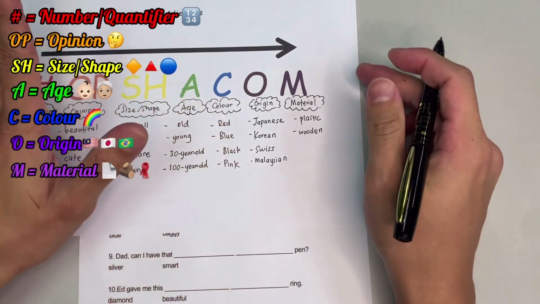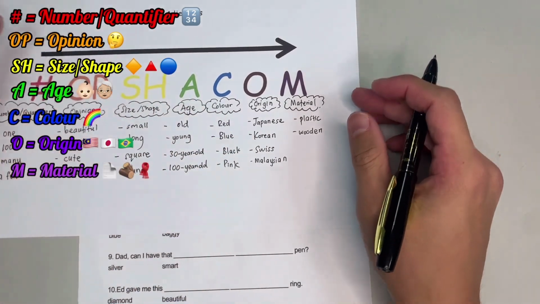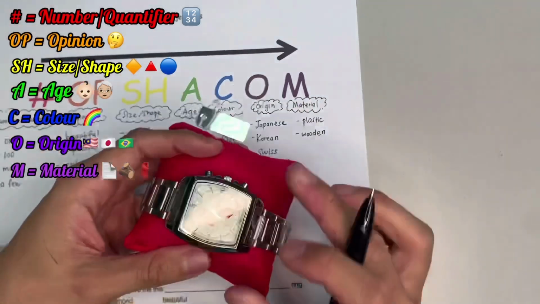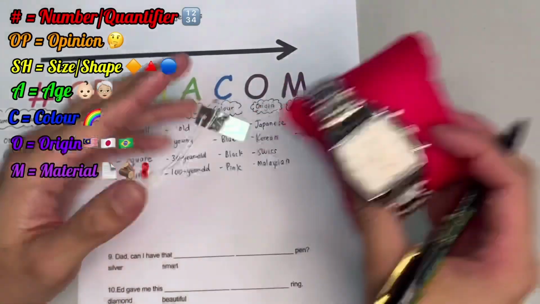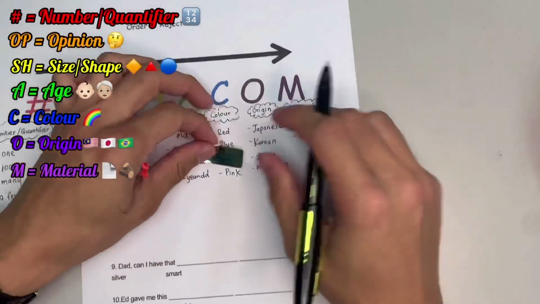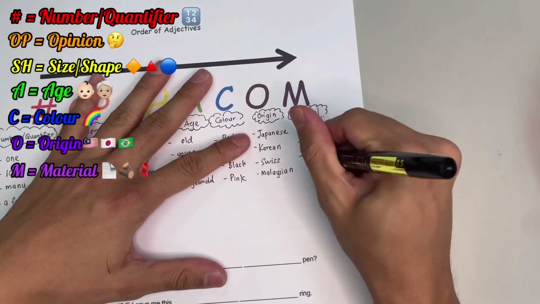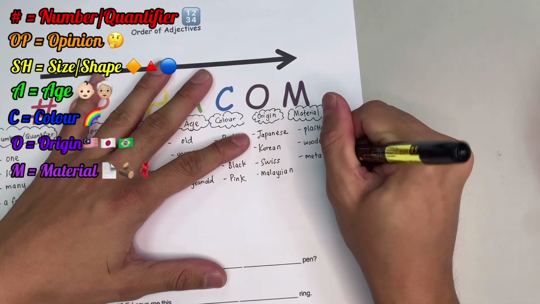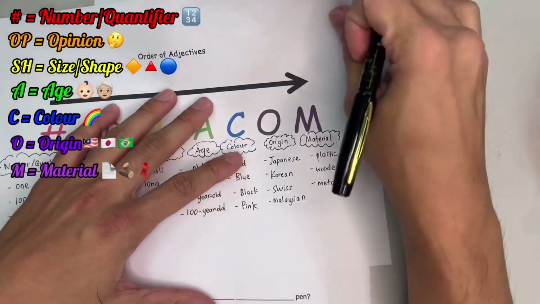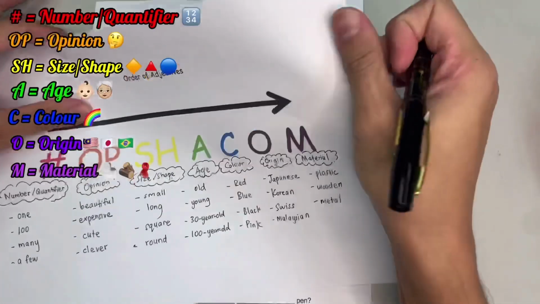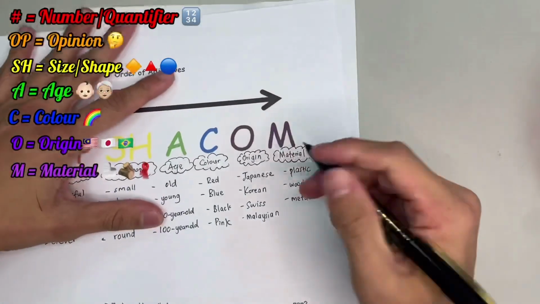How about this watch? What is this watch made of? Maybe made of metal. How about this sheet? What is this sheet made of? This sheet is made of paper.